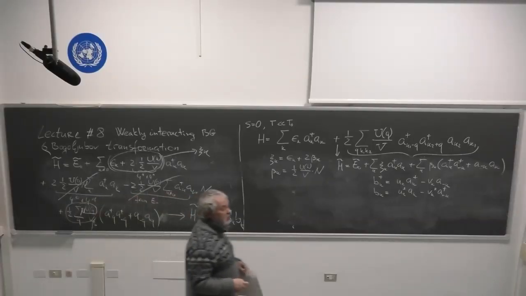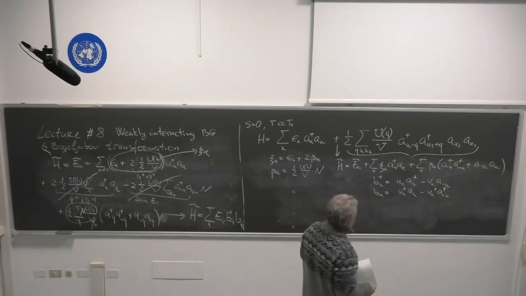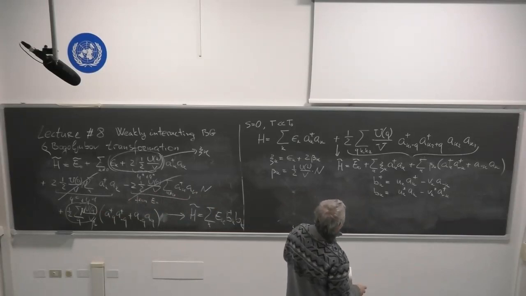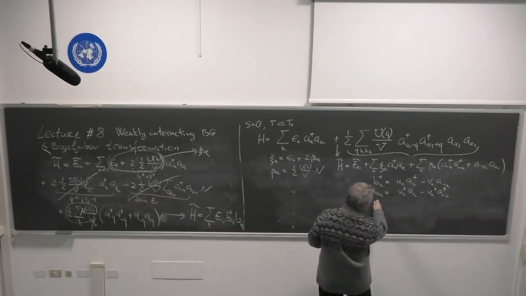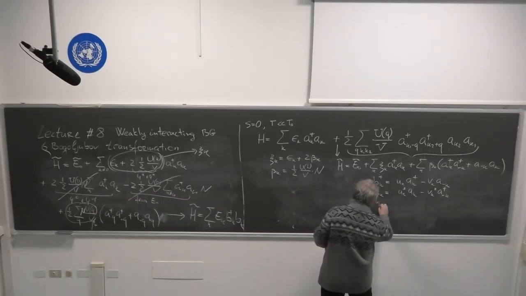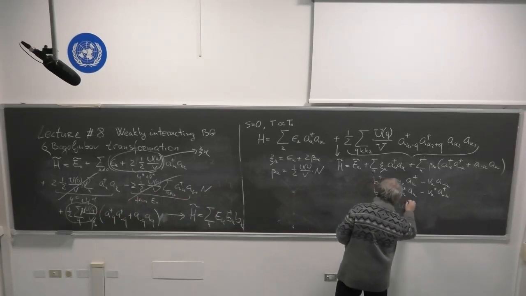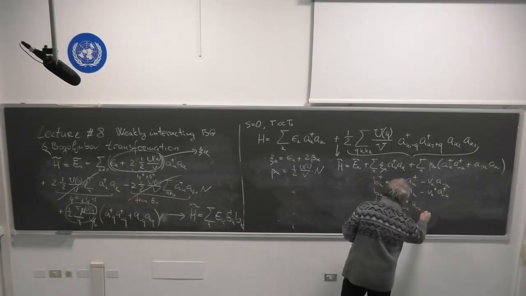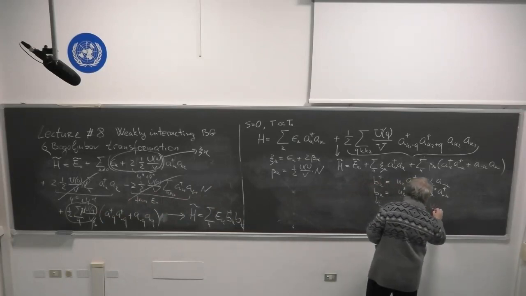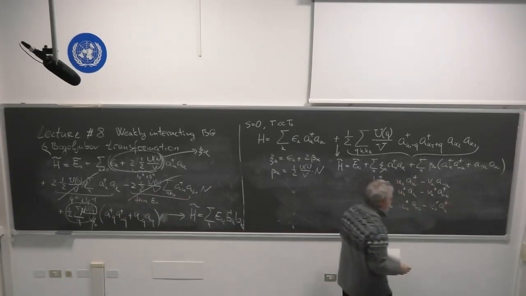And if now I take momentum and replace k by minus k, B minus k is equal to u minus k complex conjugated A minus k minus v minus k complex conjugated A k dagger.